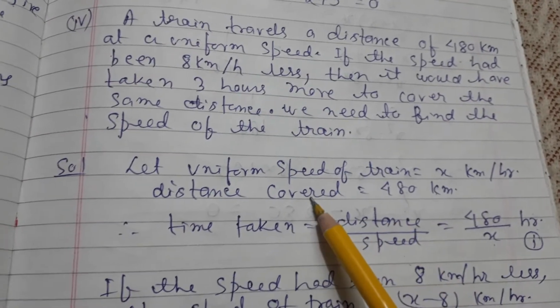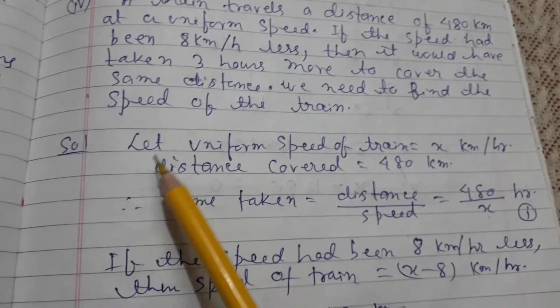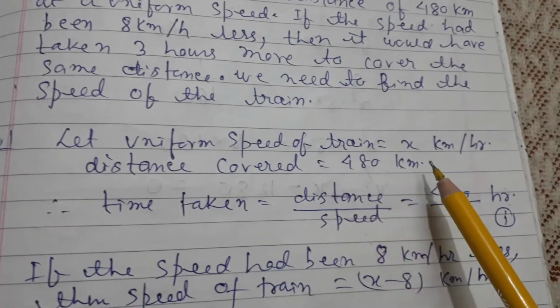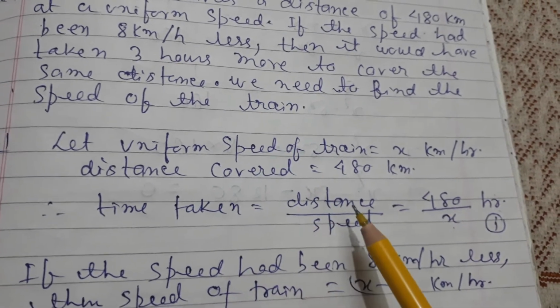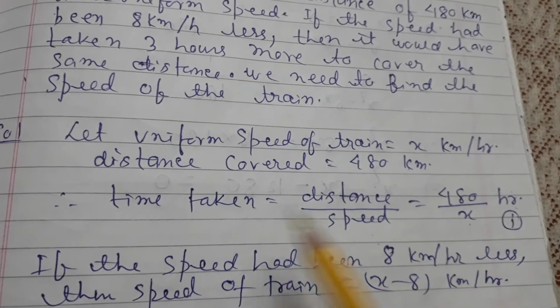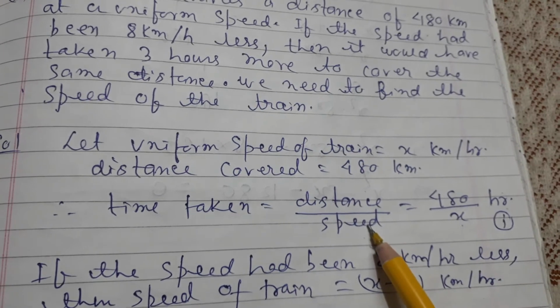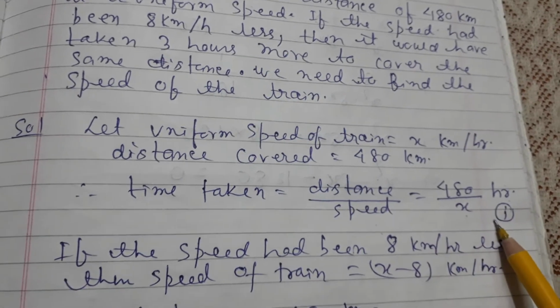Now you take out the time taken to travel this distance. So listen, let the uniform speed of the train equal x km per hour and distance covered equal 480 km. So time taken equals distance by speed. This is a formula. So 480 by x hour, equation number 1.